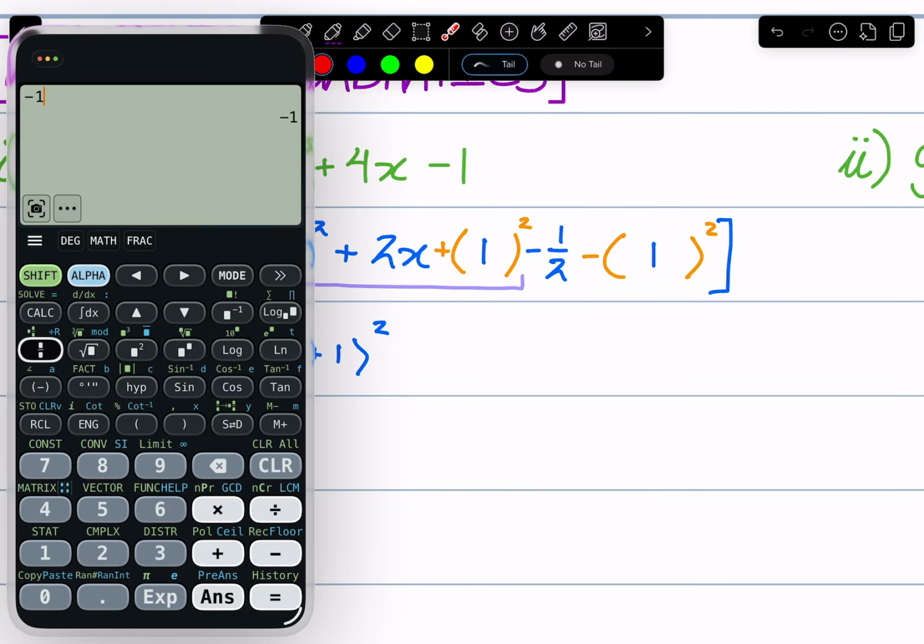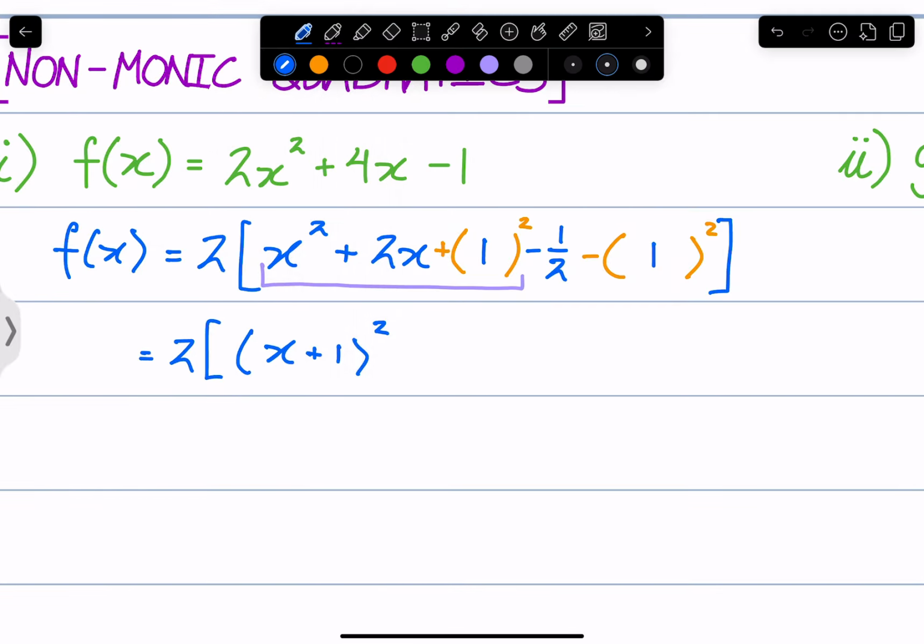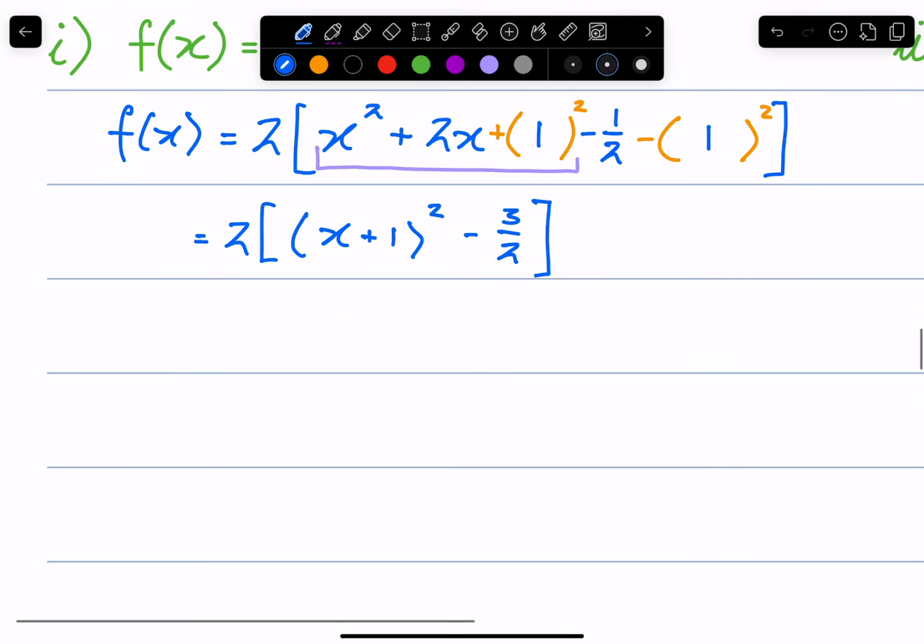So negative half minus 1 squared. We get negative 3 on 2. And we close the bracket there.